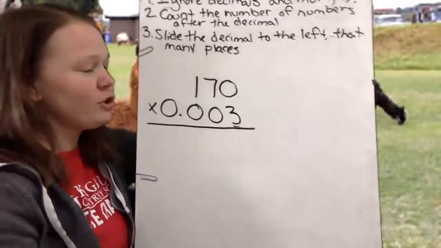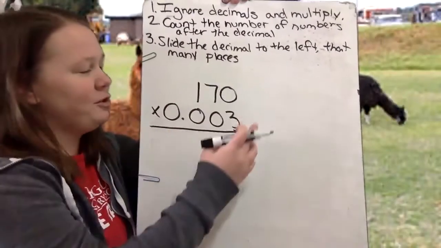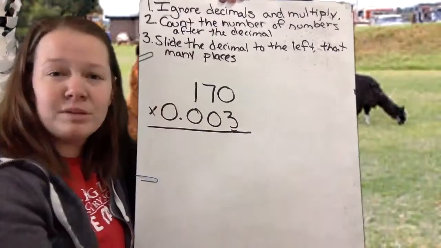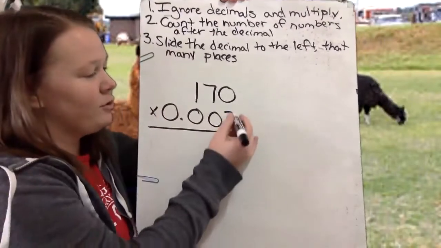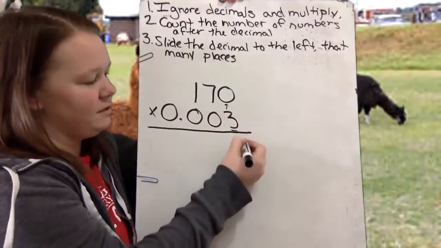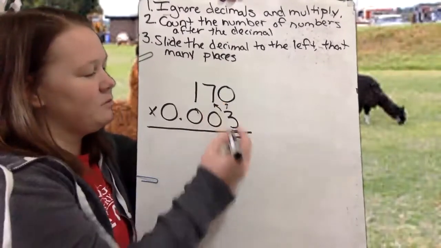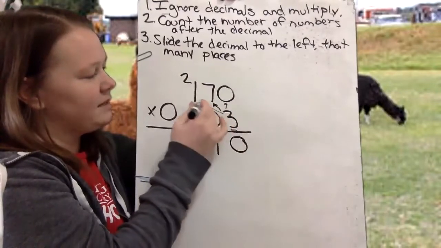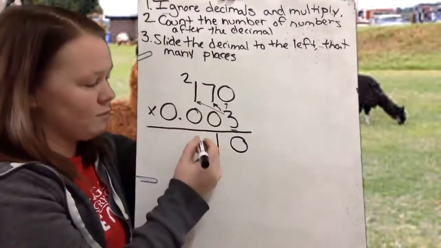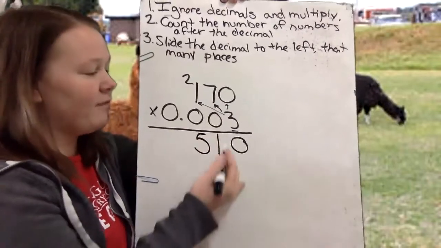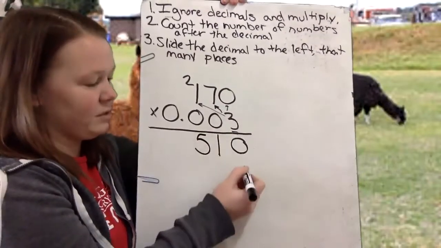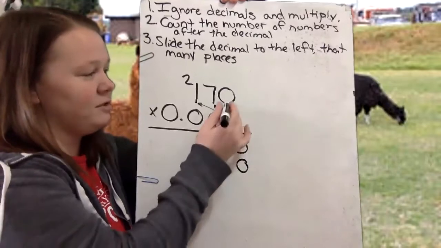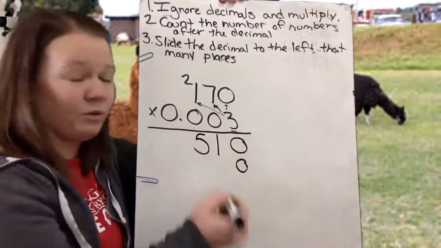Okay, so let's take a look here. We're going to multiply 170 really by 3 because we're pretending that decimal is not there. So we're going to do 3 times 0, which is 0. 3 times 7, which is 21. We're going to put the 1 down and the 2 up here. And then 3 times 1, which is 3, plus 2 more is 5. Now, if I were to multiply all of our next ones, so if I put that magic 0 down, I do 0 times 0, 0 times 7, 0 times 1, what am I going to get for all these?